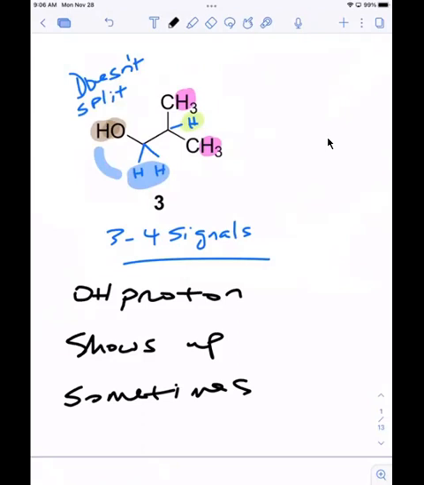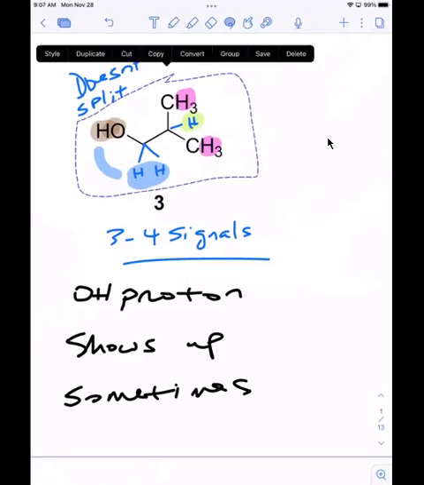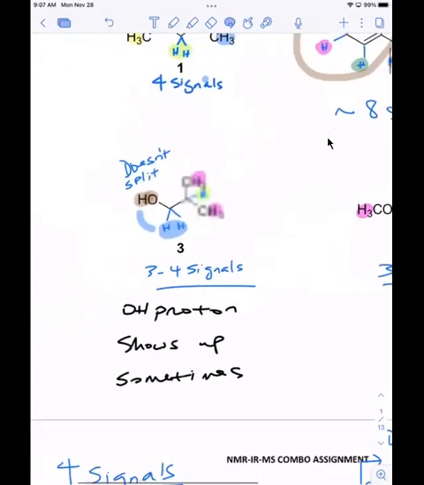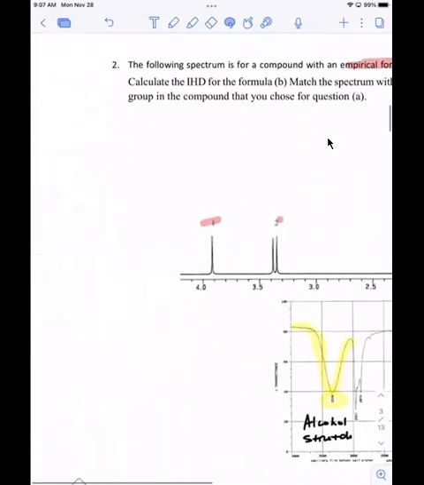So let's take this structure. Let's see if we can match up the protons in that structure to the spectrum.